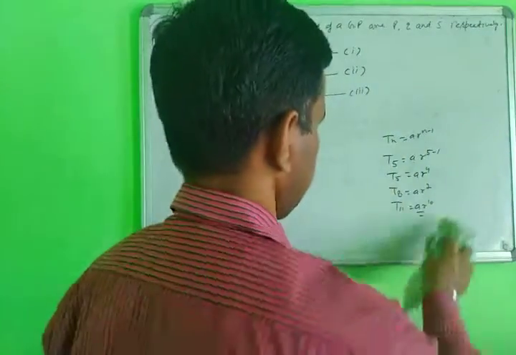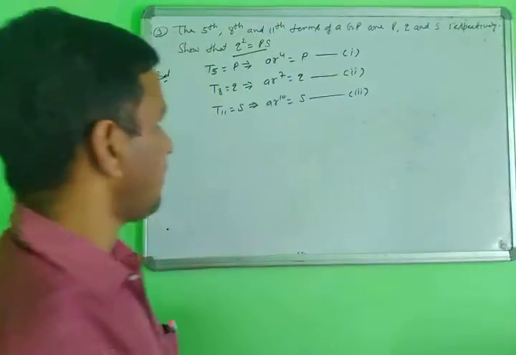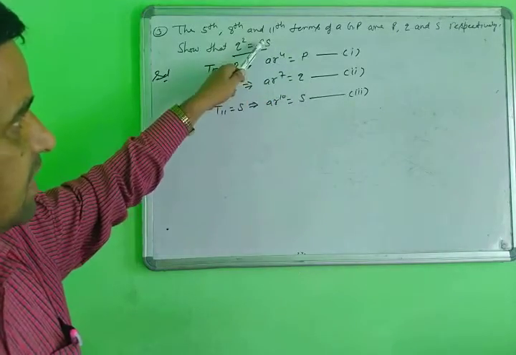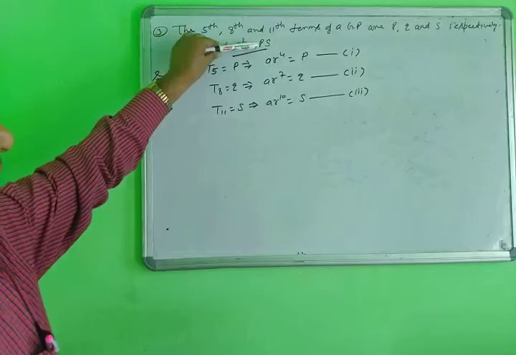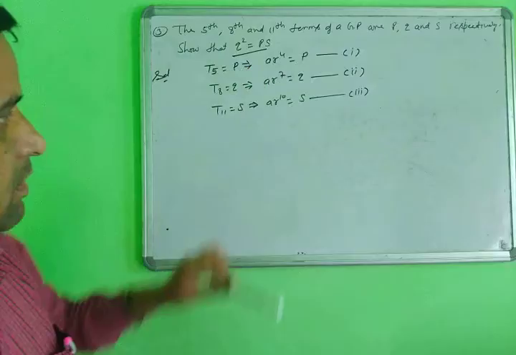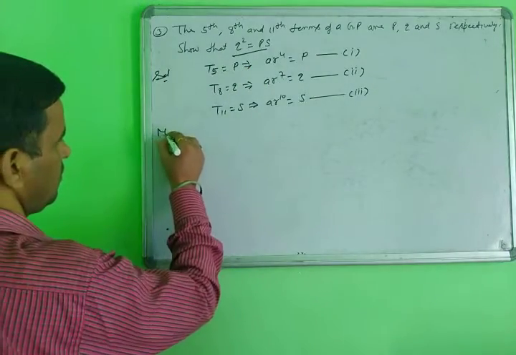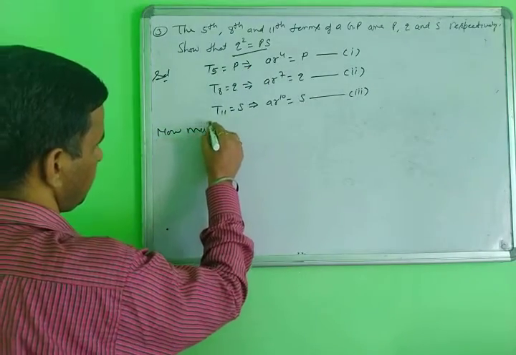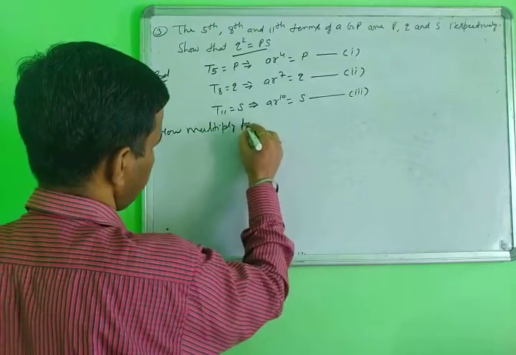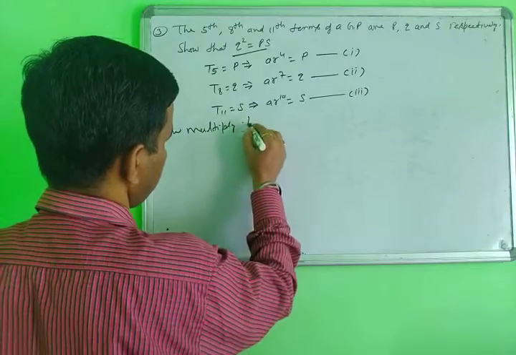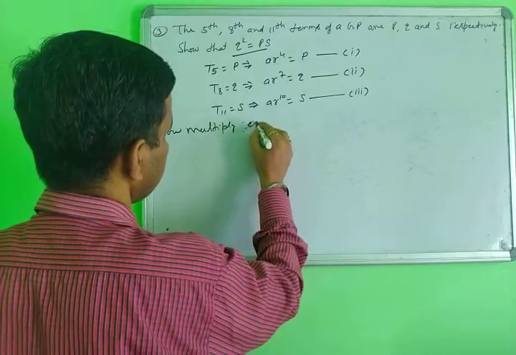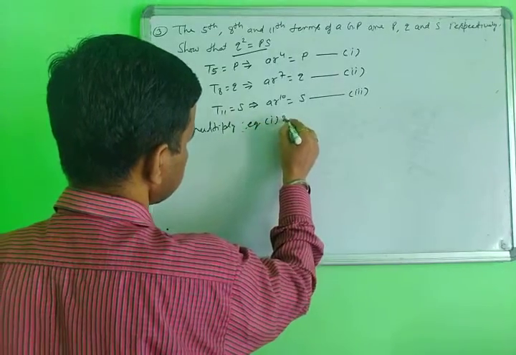After that, you will find P and S. So using P and S in multiplication form, you will multiply equation first and third.